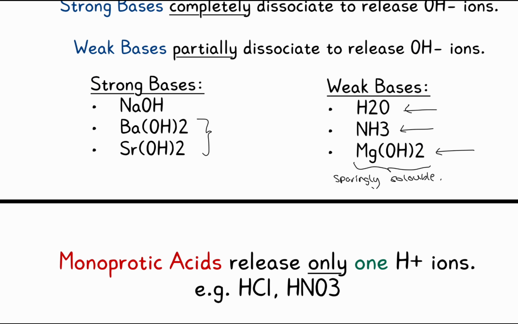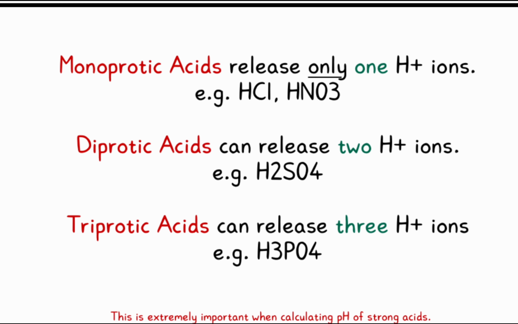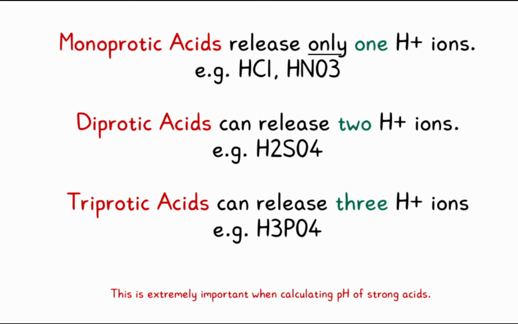Okay, as we mentioned just before, the word diprotic acid came up. Anything that's a monoprotic acid releases only one hydrogen ion. Diprotic acids can release 2 hydrogen ions, and triprotic acids can release up to 3 hydrogen ions.